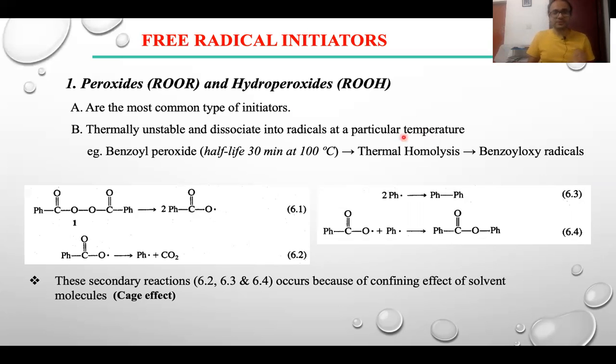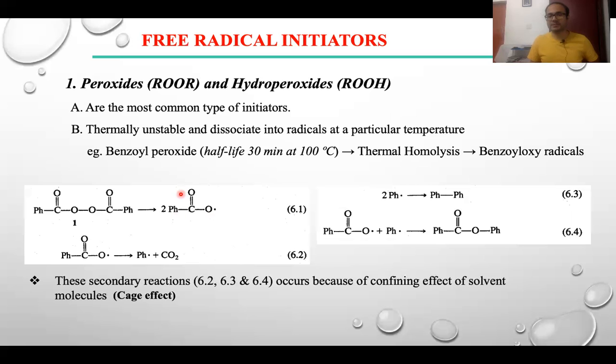For example, you are pretty aware of benzoyl peroxide. This is the structure of benzoyl peroxide, as you can see here. This peroxide decomposes only at a temperature of 100 degrees centigrade, so at room temperature it is pretty stable. When you heat it to 100 degrees centigrade, it undergoes homolysis at this bond to form a benzoyloxy radical.